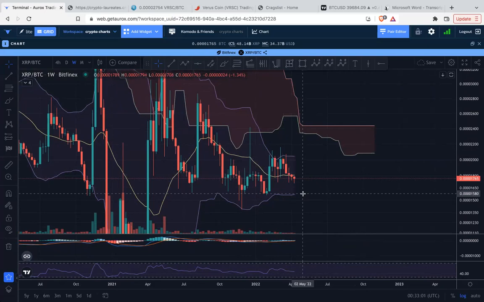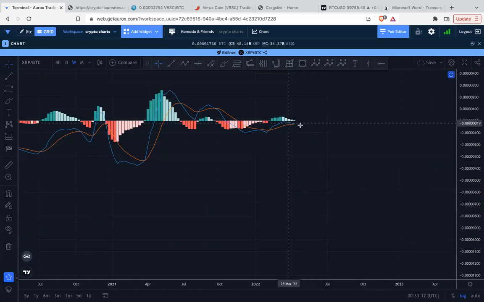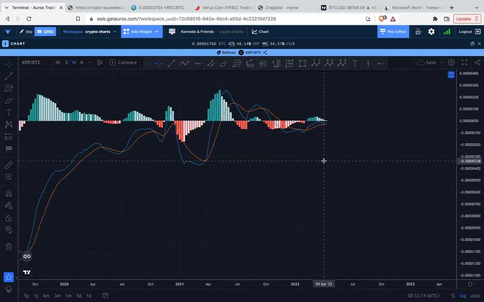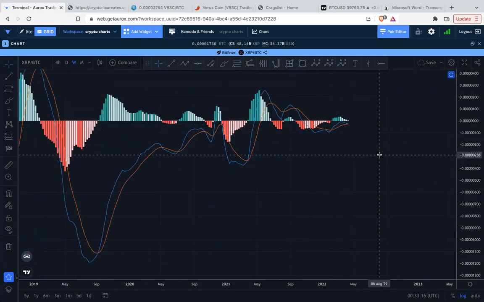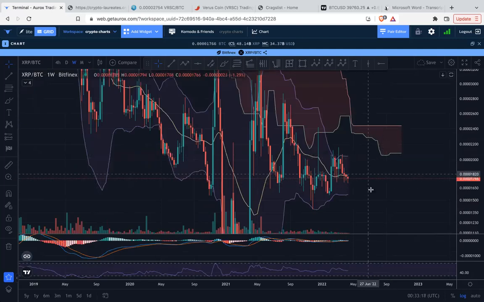So yes, these lower levels here, previous support, previous support, previous support, previous support, lower end of the Bollinger Band. I think that's where we're going. Unfortunately, it's going into also a bearish cross here. So we'll see. Hopefully it's just part of the consolidation in terms of XRP bulls.